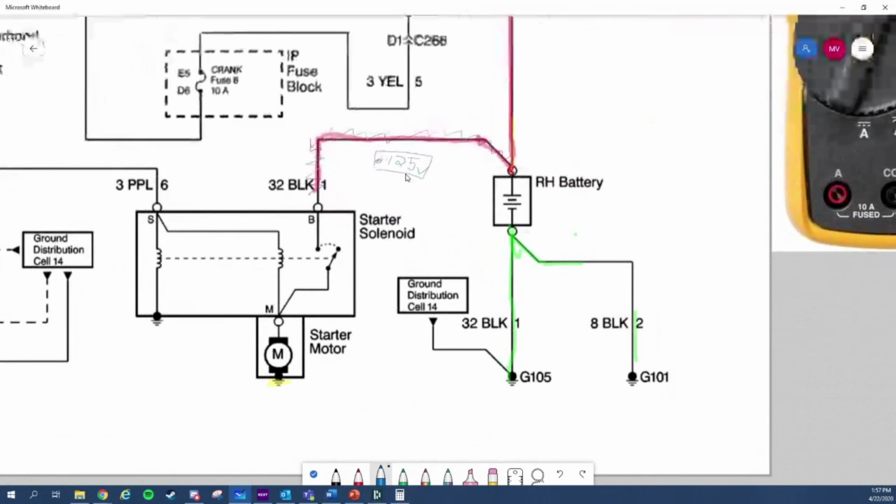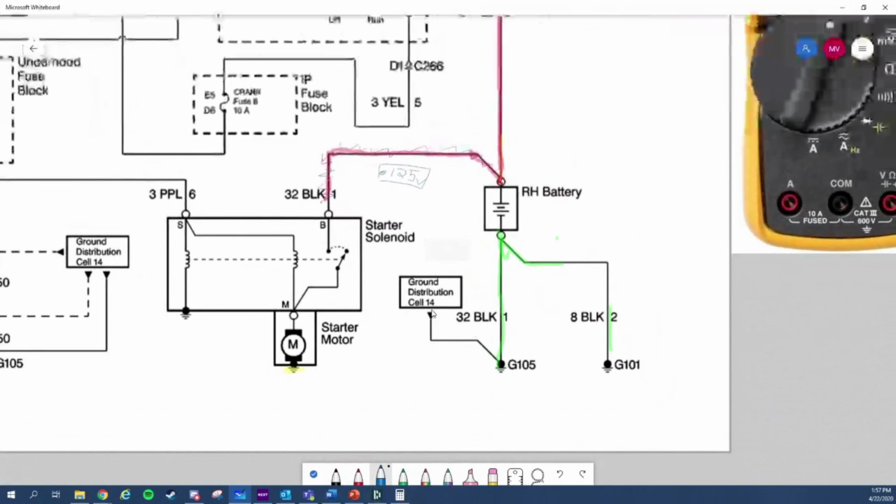That looks good. I think that passes. So now we have to check our ground side. How many grounds do you think we need to check? Two? Does everybody agree on 2, or does anyone say anything else? One? Two? One.